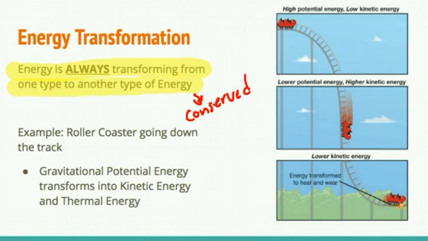All right, so the idea is I have one that I think a lot of you guys would recognize, a roller coaster, right? And during a roller coaster, there's a lot of energy that's being transformed. And particularly it's gravitational potential energy and kinetic energy, right? And we'll talk a little bit more about where that thermal energy is going to.